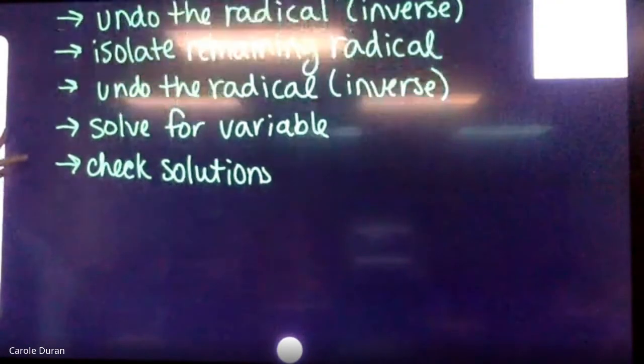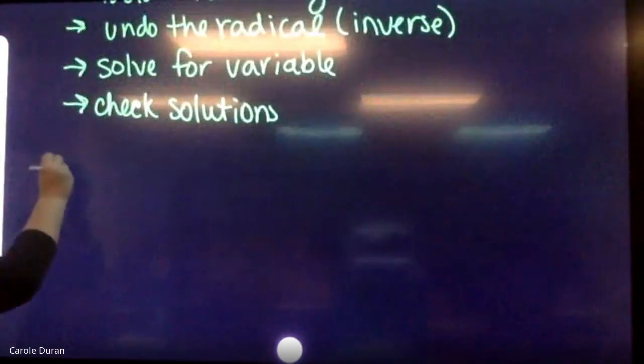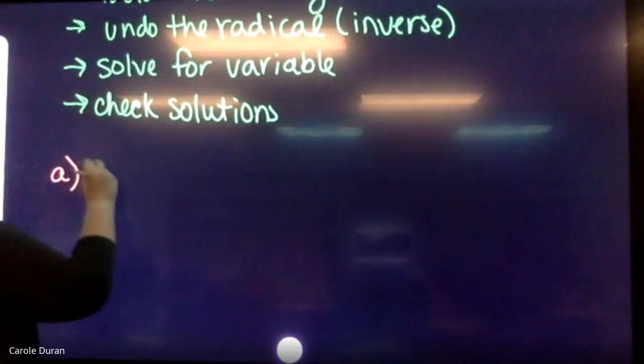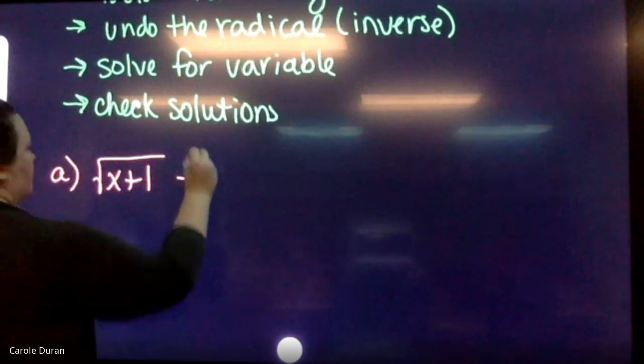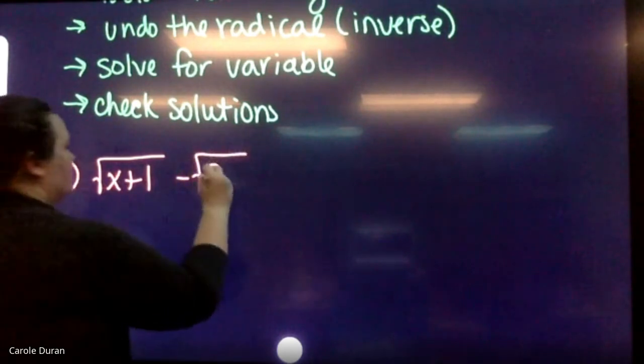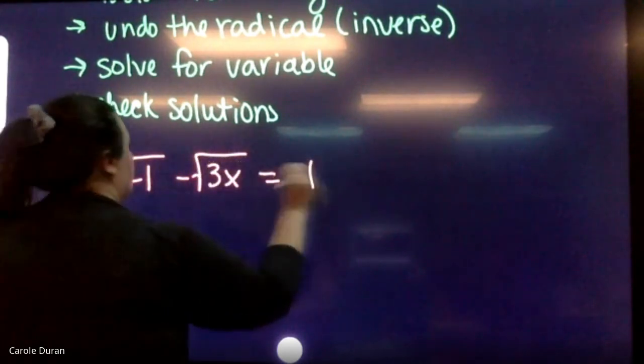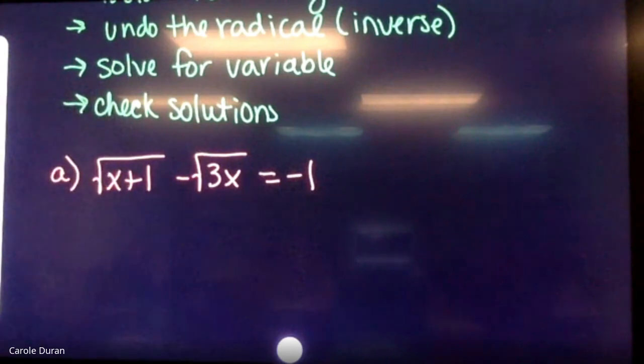Okay, example. So I have the square root of x plus 1 minus the square root of x equals -1.